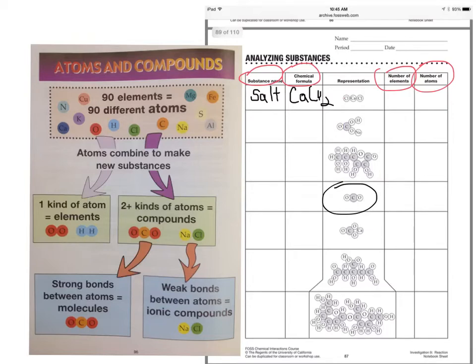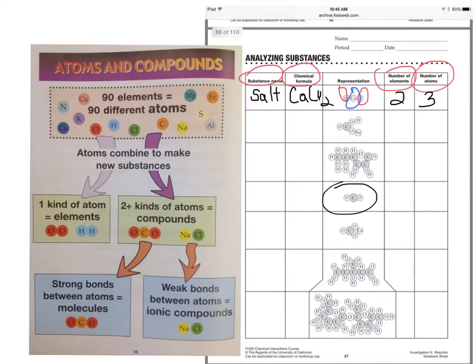So we have chlorine, 2 chlorines, and then we have a calcium. So the number of elements is 2 because those are represented by colors, as from the previous page, and the number of atoms is 3. 2 chlorines and a calcium, so 3.